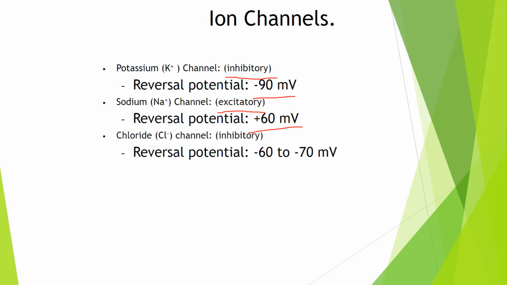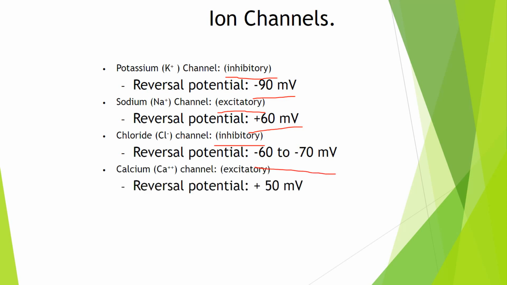Chloride ion channels tend to be inhibitory because their membrane potential at equilibrium is between negative 60 and negative 70 millivolts, whereas calcium is excitatory because it has a reversal potential at positive 50 millivolts. So the question is, first of all, do you remember what was the resting membrane potential? It was negative 70 millivolts.